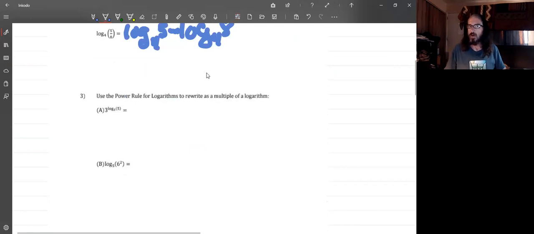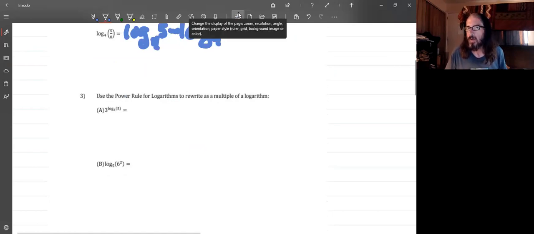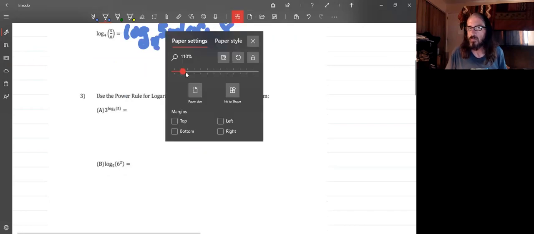So now what's this power rule? Well, actually in 3A, it's not quite the power rule, but there's something related. We've got the log of 5 in base 3, and 3 is being raised to that power.